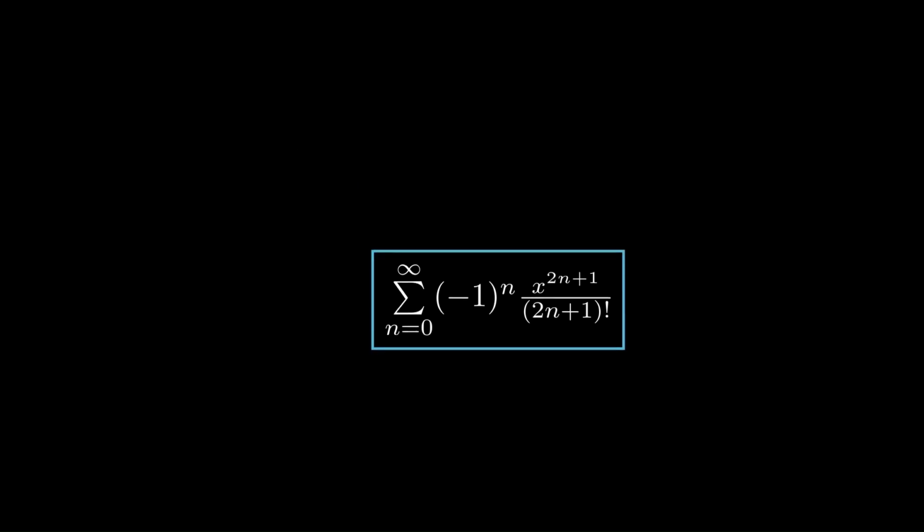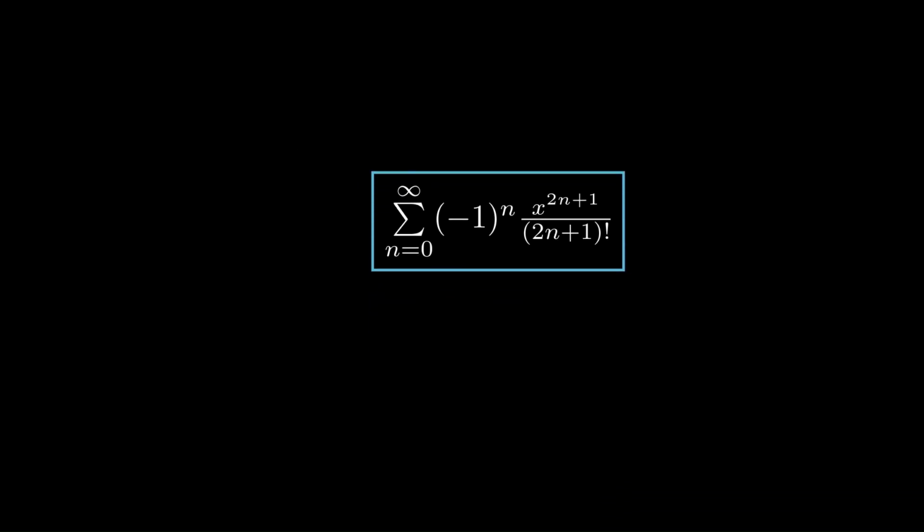This is the Maclaurin series of sine of x, or the infinite sum of terms that approximate sine of x centered at 0. Okay, so what did we just do? Well, it's a series, so it's the infinite sum from n equals 0 to infinity of the nth derivative of our function evaluated at 0 divided by n factorial.